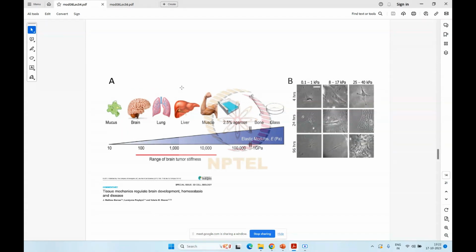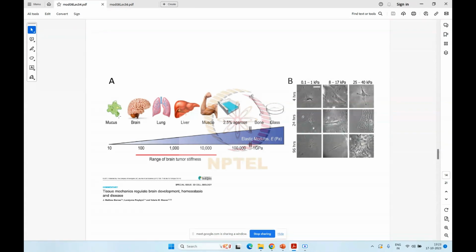Even inside the body, there are different stiffnesses that the cells encounter. Cells in the brain would encounter stiffnesses in the range of 100 pascals, whereas there are cells present inside the bone which would encounter stiffnesses of up to 1 gigapascal.